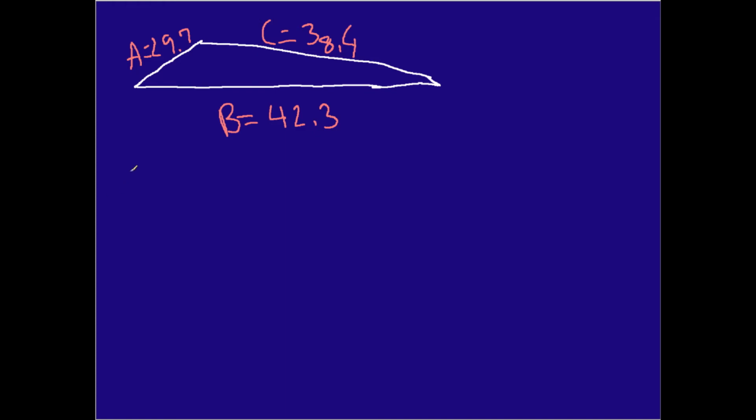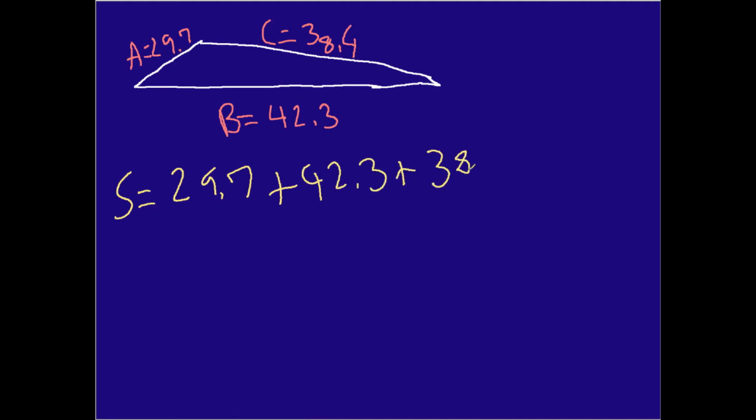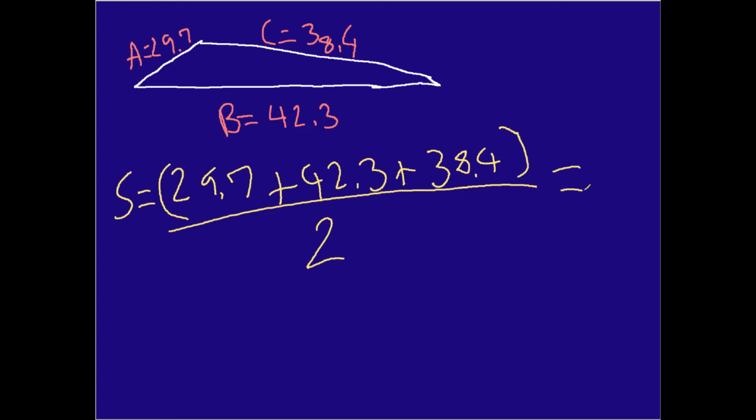And so to do that, we just take S equals 29.7 plus 42.3 plus 38.4, like that. All this divided over 2. And you will learn that this is going to equal 55.2. Again, you can check that on your own calculator.